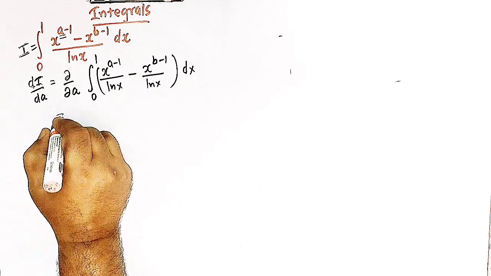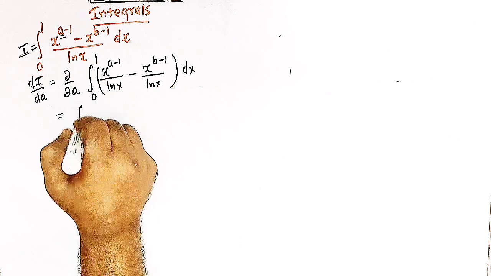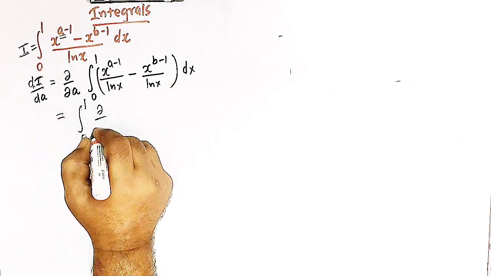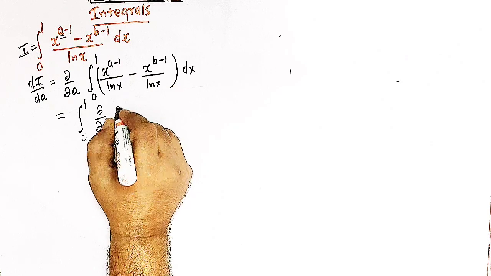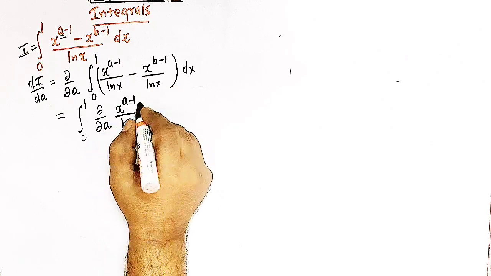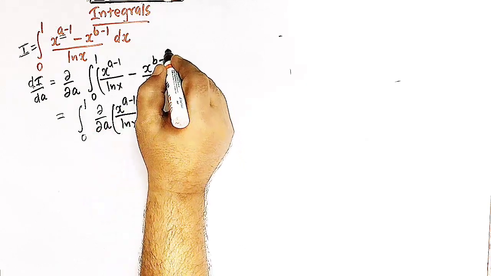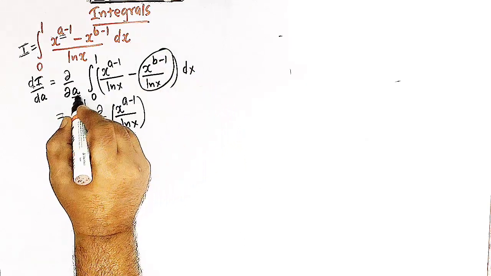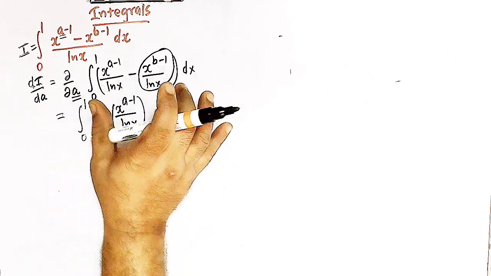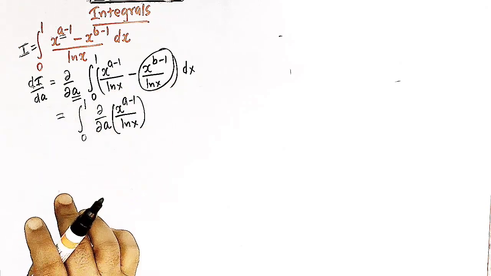So now taking this operator inside the integral sign, we have 0 to 1, and we have del over del a of x raised to a minus 1 over natural log of x, and the partial derivative of this term with respect to a is 0, because we are differentiating this integrand with respect to a partially, right?